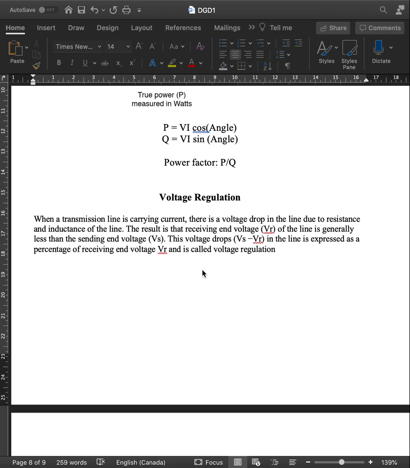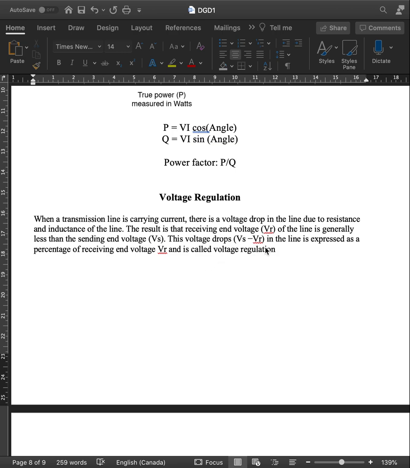Voltage regulation can also be defined in another way, which is the difference in voltage at the receiving end of a transmission line between the condition of no load and a full load.